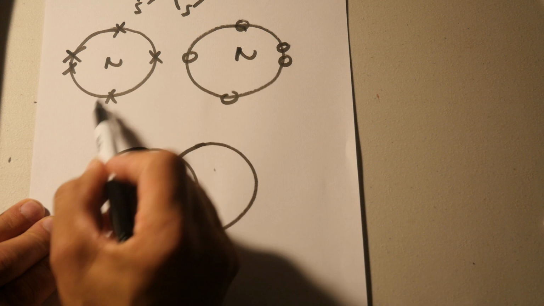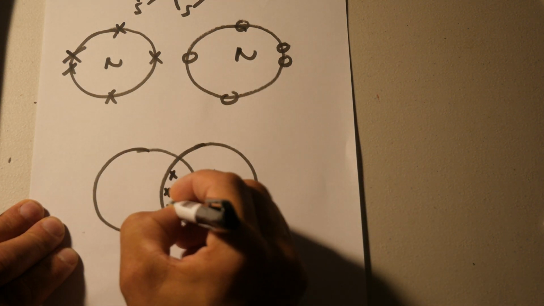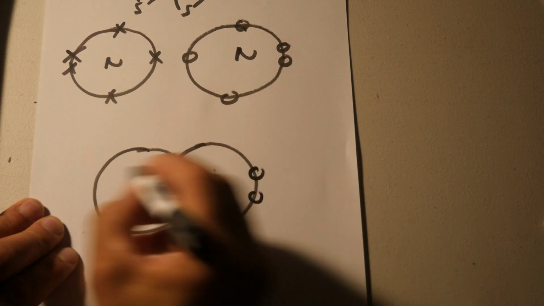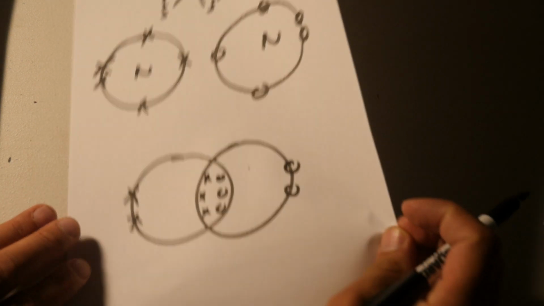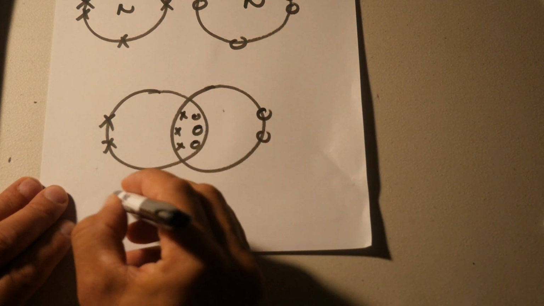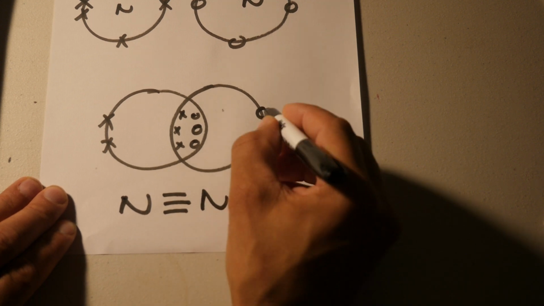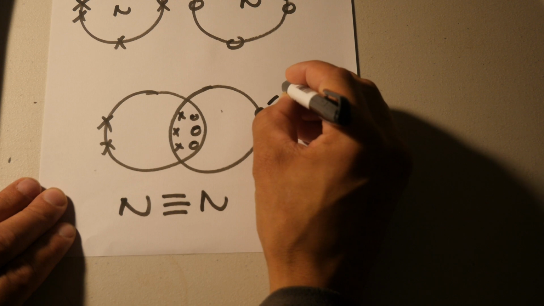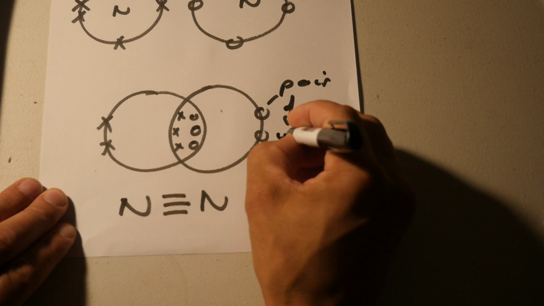these 3 electrons overlap, so you get it like that, and so this is nitrogen, which is a triple bond, okay, like that, and you've got the 2 lone pairs of unpaired electrons.